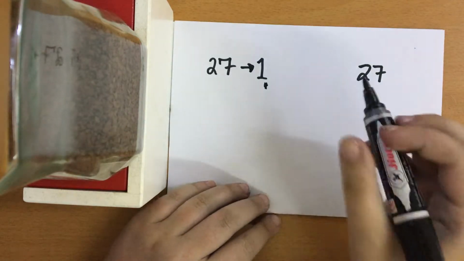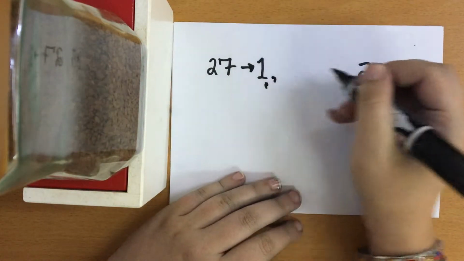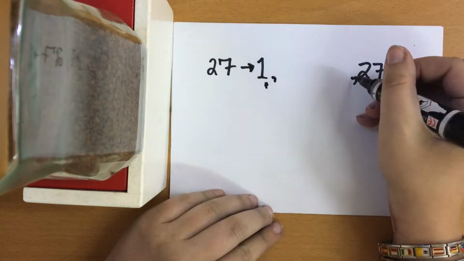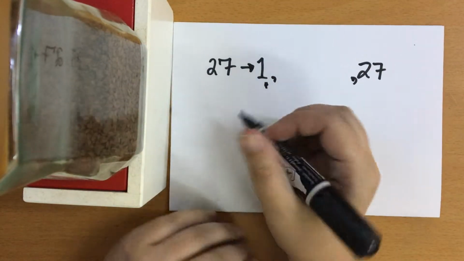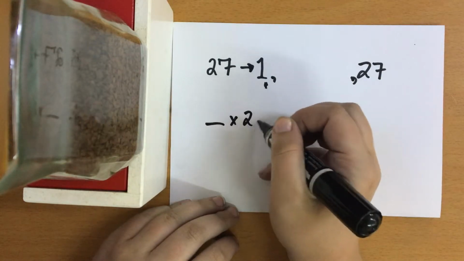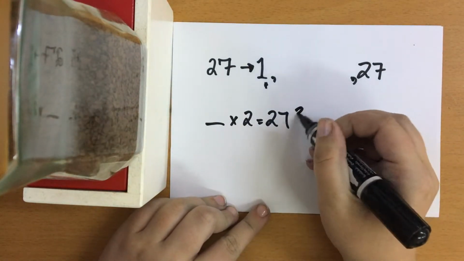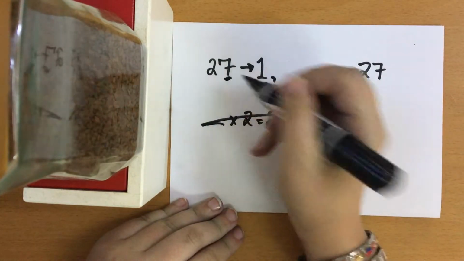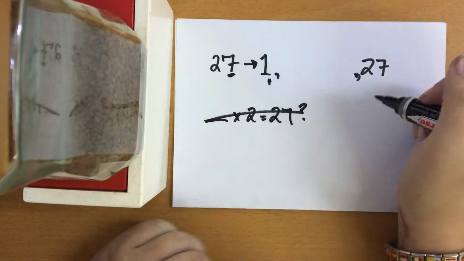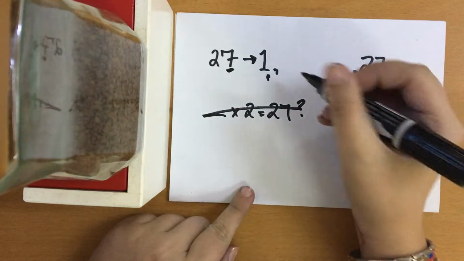Any number can be divided by 1. Then we move on to the number 2. Can 27 be divided by 2, or rather, can something multiplied by 2 equal 27? The answer is no. 27 is an odd number, which means that 2 is not going to divide equally into it. Let's move on to 3.